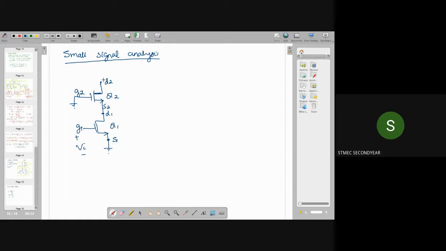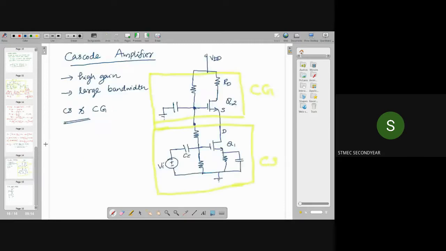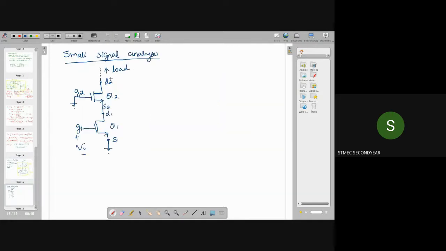Now for D2, for simplicity, I am initially assuming this is connected to a load, RD. So for the small signal analysis, we are considering this circuit.